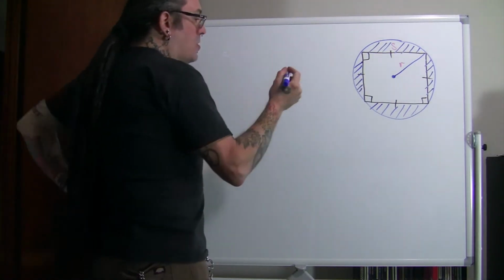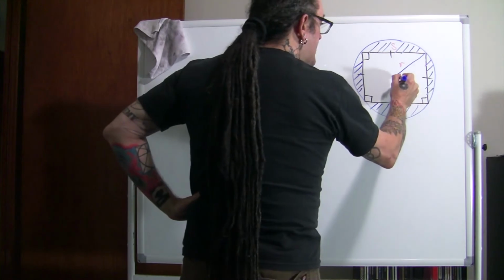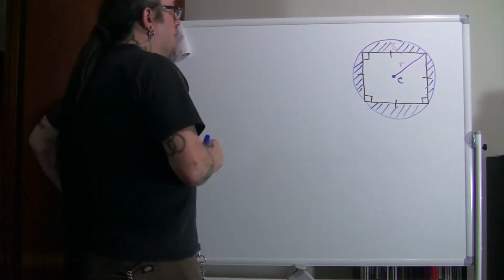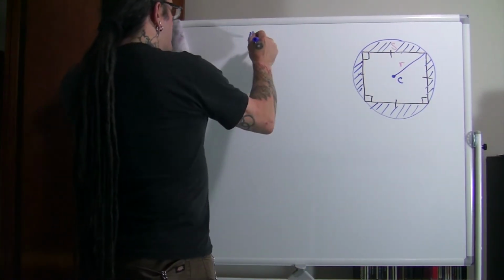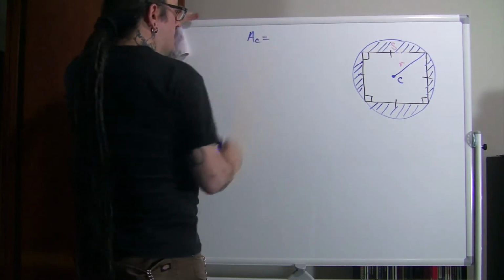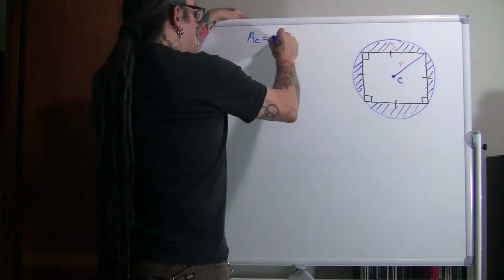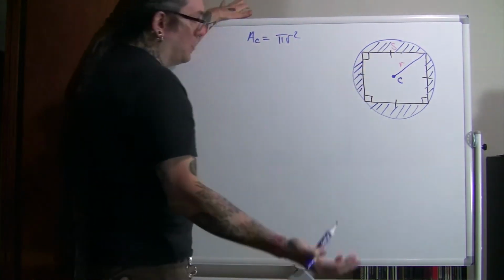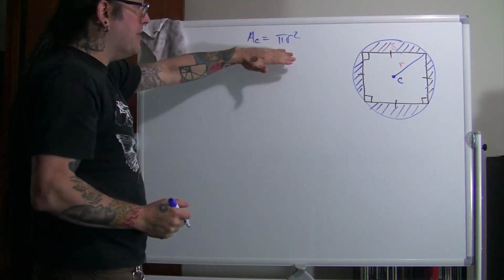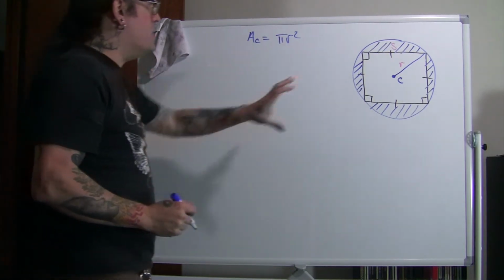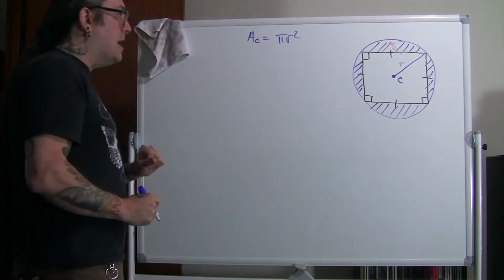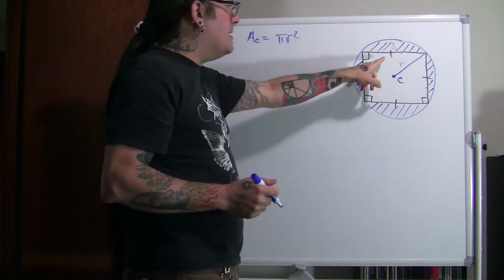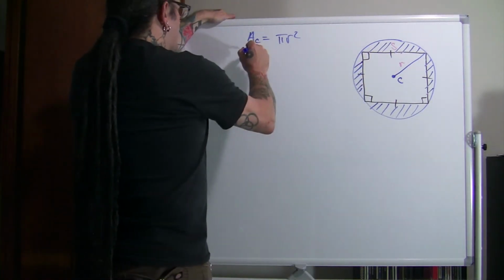Right, so let's call the circle C. So the area of circle C, right, we know that. It's pi r squared. I don't know r. Okay, but that is the formula for the area of the circle. That's the 100% part. Okay, and then the formula of area of a square.